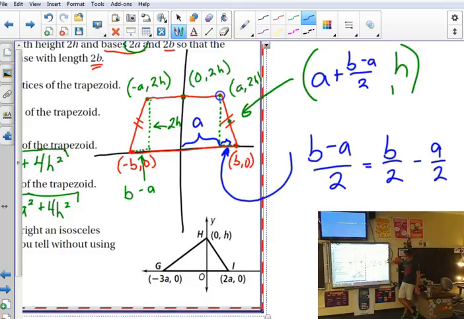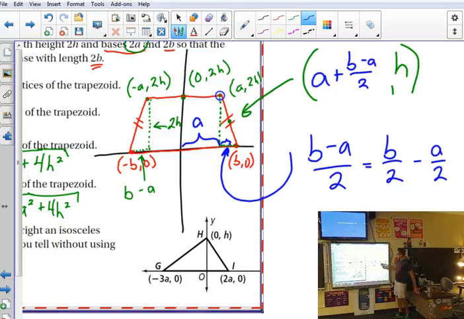Could you just use the midpoint formula where you average the x values? I mean, yeah. But if we write this out, we're going to get the same thing. So yes, you can. It just seems simple. Sure, and that's all whatever your preference is.